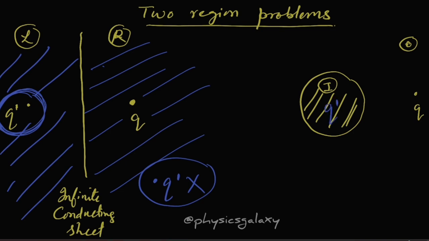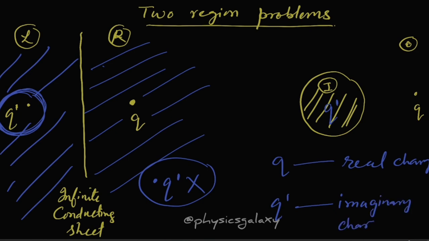So if q is my real charge, then in this lecture q dash will be my imaginary or image charge. The imaginary or image charge has to be put in a different region, not in the region where you have your real charge. So with this understanding, let's move on to problems directly.